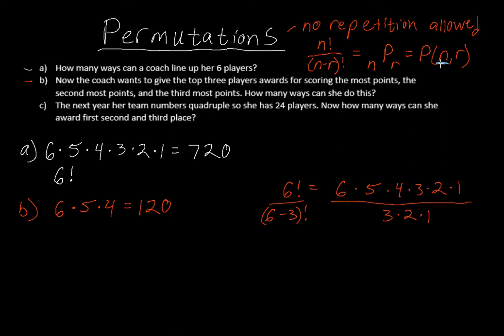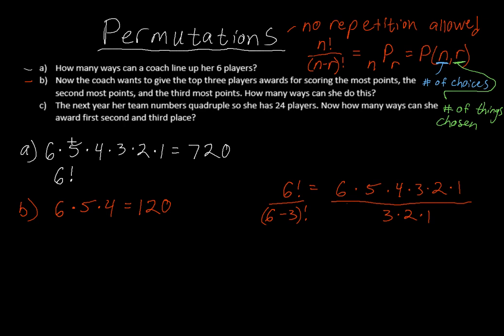Here, n is going to be the number of things you choose from, so your number of choices, and r is going to be the actual number of things you choose, the number of things chosen.